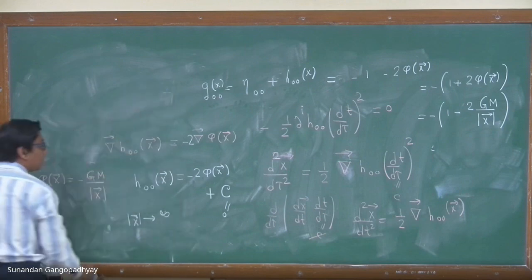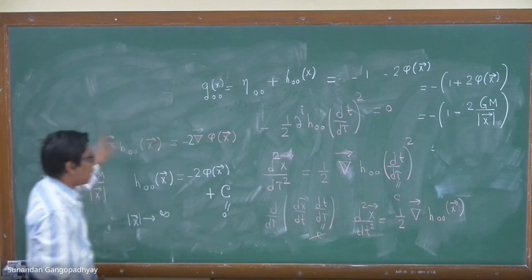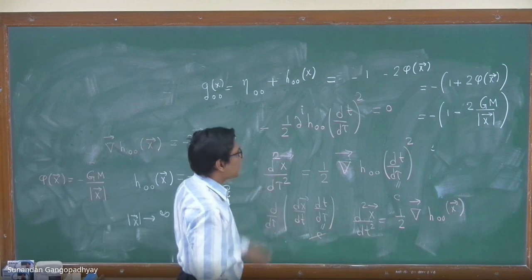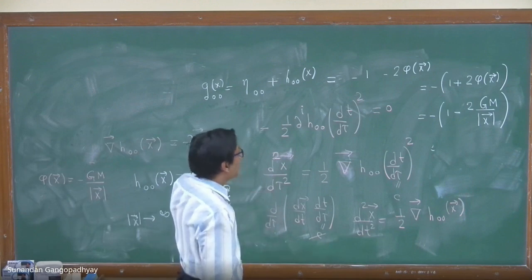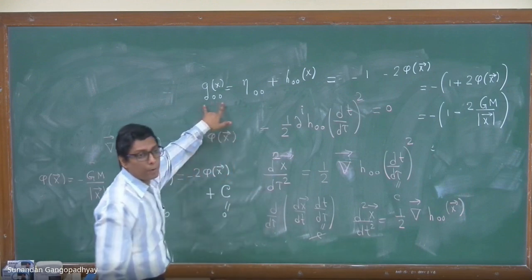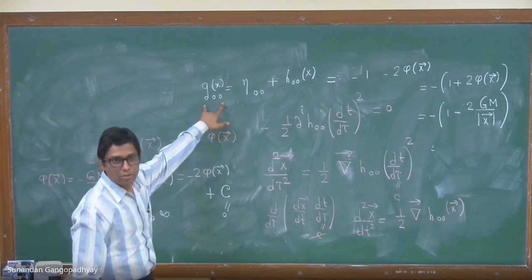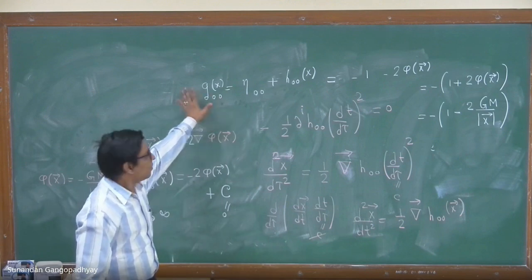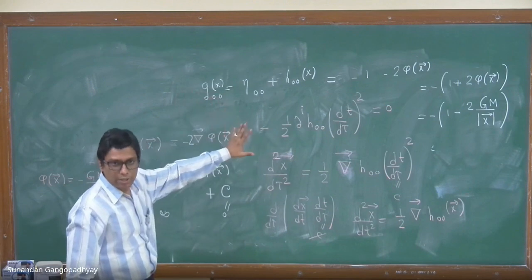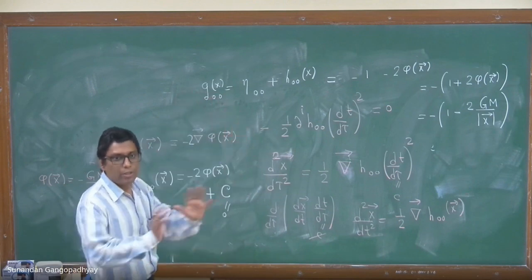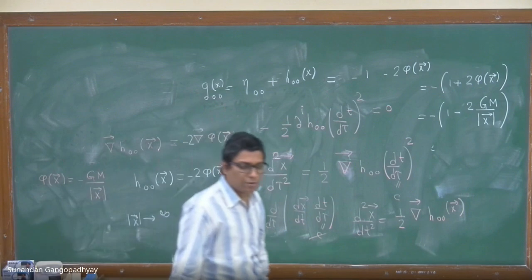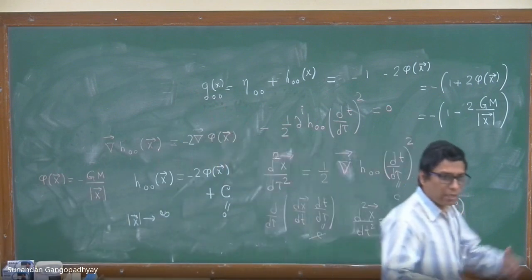By this exercise, what we have found is one of the components of the metric, the g00 component, obtained by comparing the geodesic equation in curved spacetime with Newton's theory. So we have not really solved the dynamical equation.